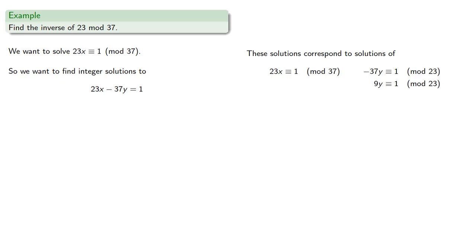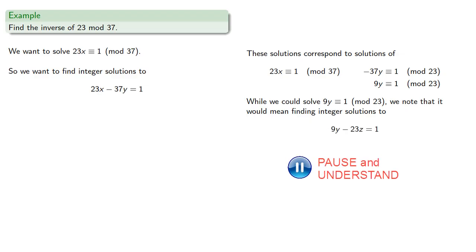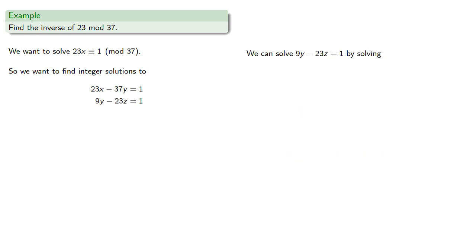While we could solve 14y congruent to 1 mod 23, we note that it would mean finding integer solutions to a new equation, and we can solve that by solving a system of congruences. And again, this first congruence is what we started with, but the second congruence is new.